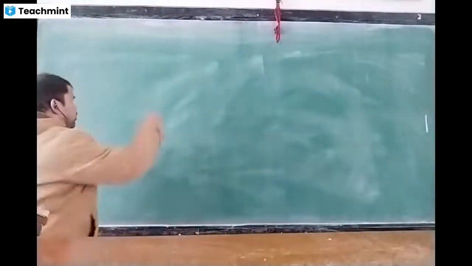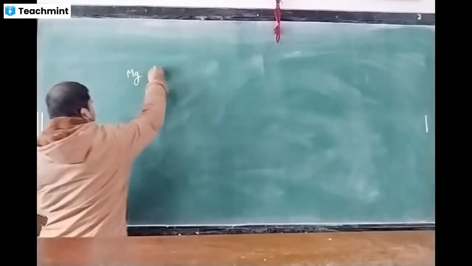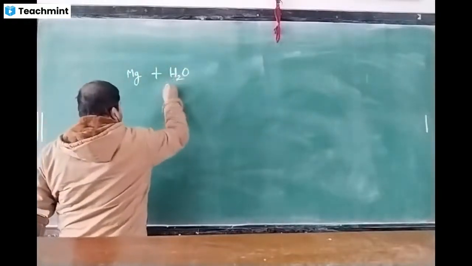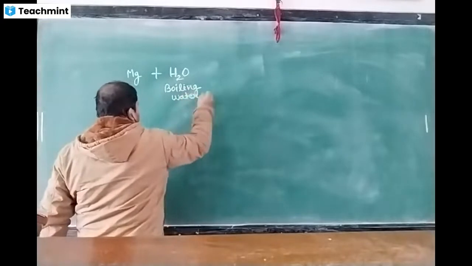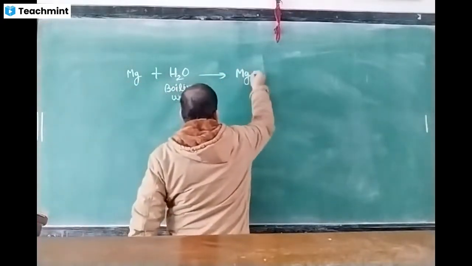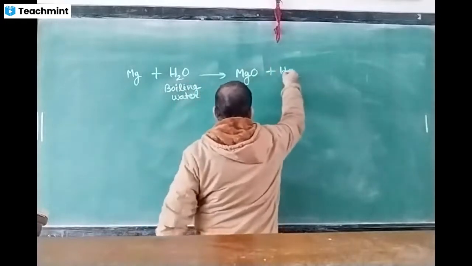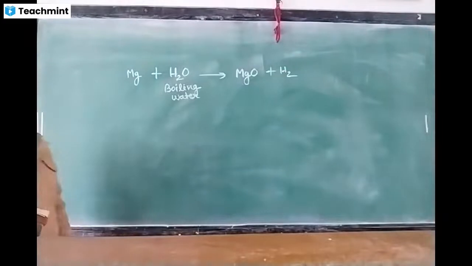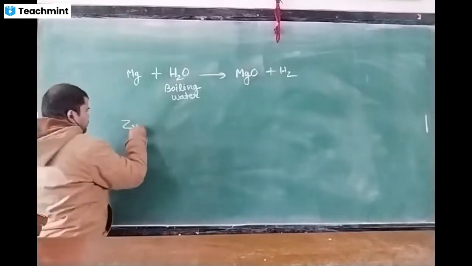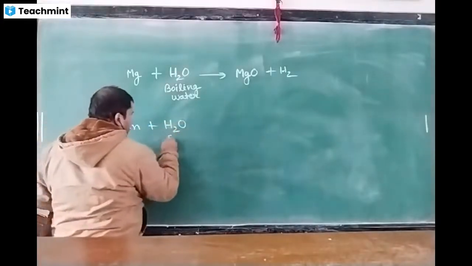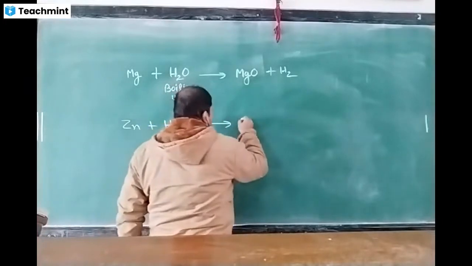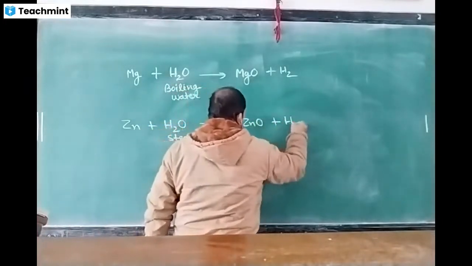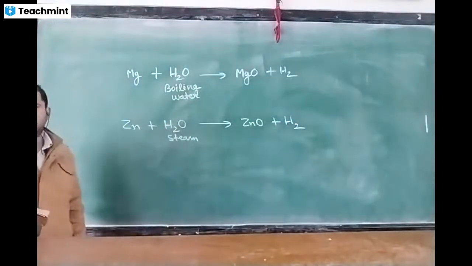If we take zinc, it reacts with water, and here we take the steam, meaning vapor of the water. So we get zinc oxide plus hydrogen gas.